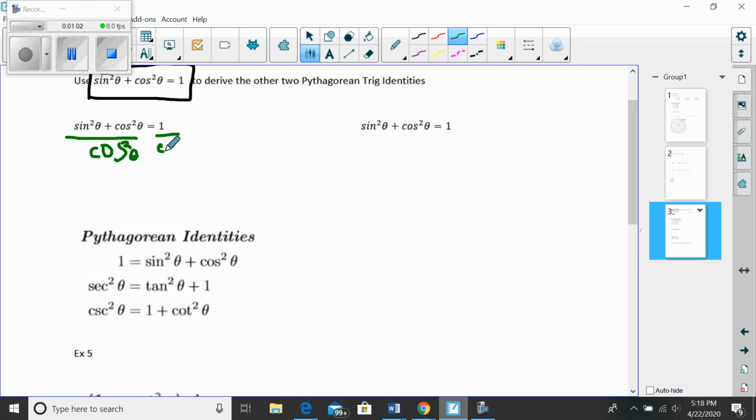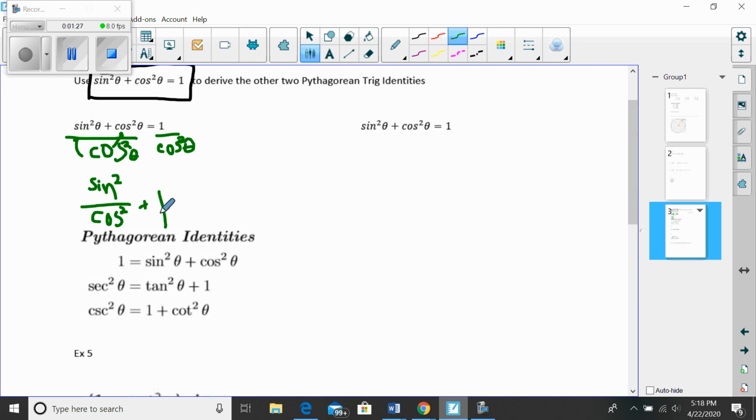When I do that, because of the sum in the numerator, I have to divide each term by cosine squared. So I'd have sine squared over cosine squared plus 1.